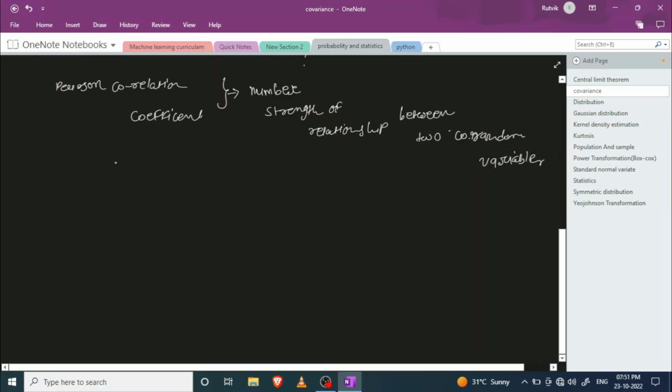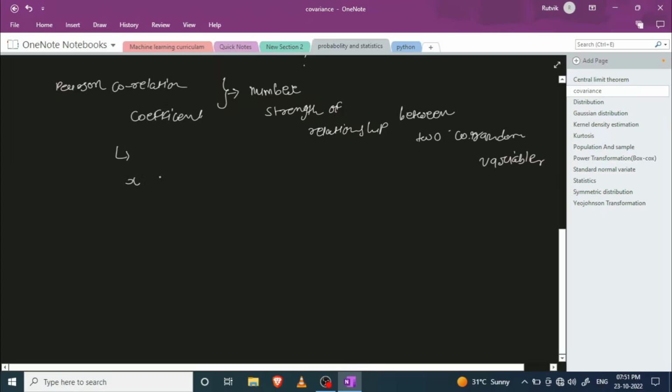In the covariance that we have discussed, we identified the direction of the relationship between two continuous random variables, but here we can get the number that shows how strong this relationship is.